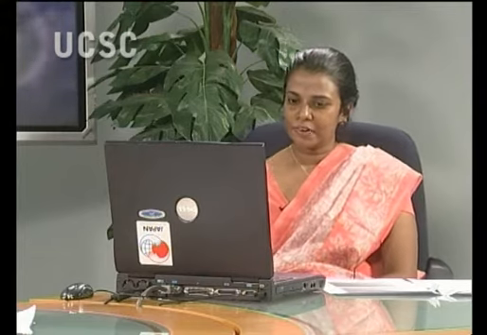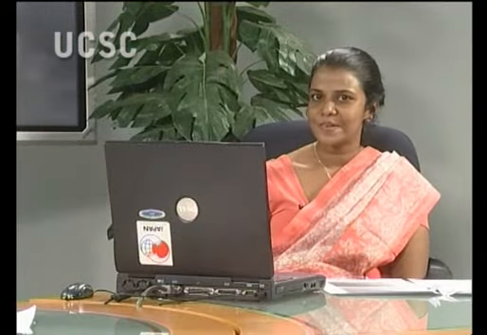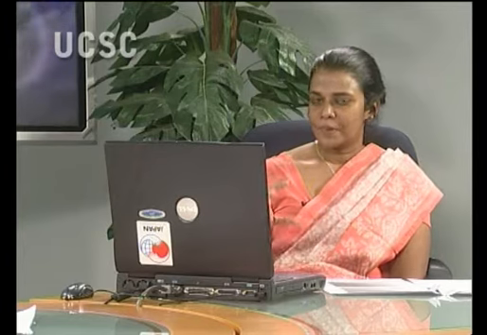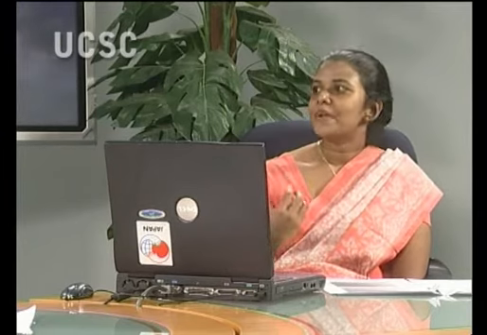Yeah. If you look at the following statement, batch processing allows transactions to be processed as and when they occur. Now there are mainly two types of processing in a transaction processing system, which are online processing and batch processing. Batch processing is where you collect the data for a certain period of time and process it later on, not as and when you get it.